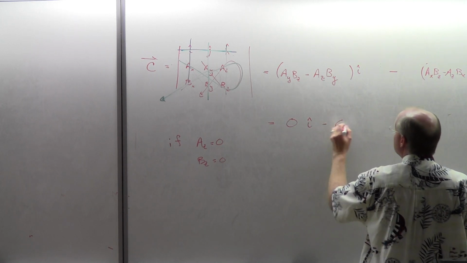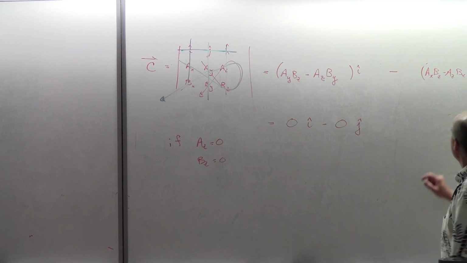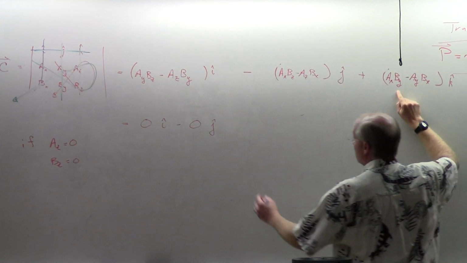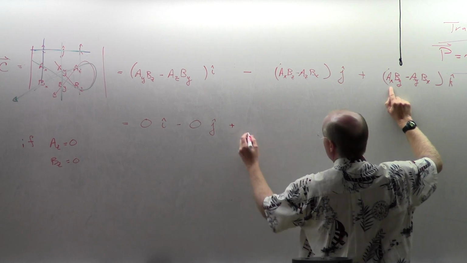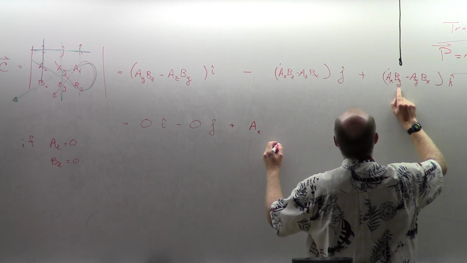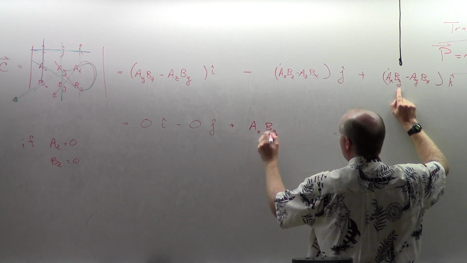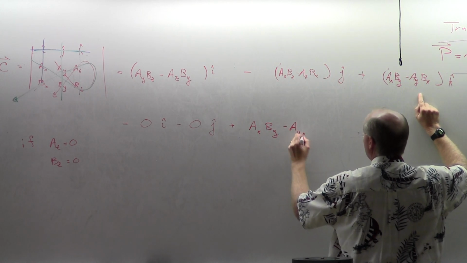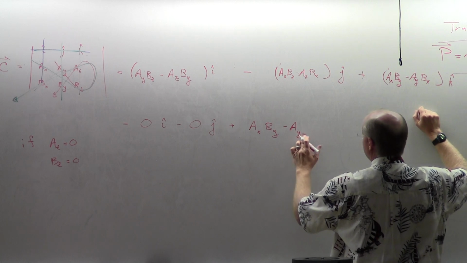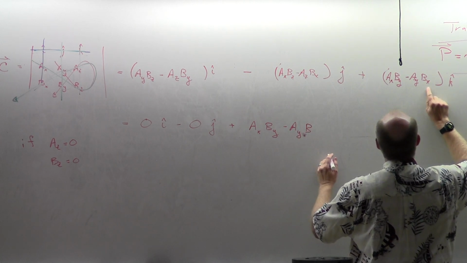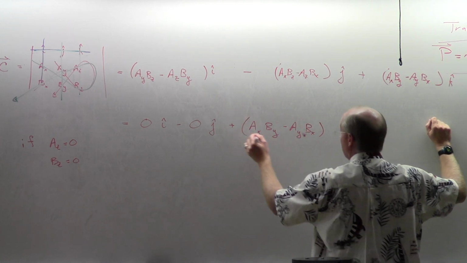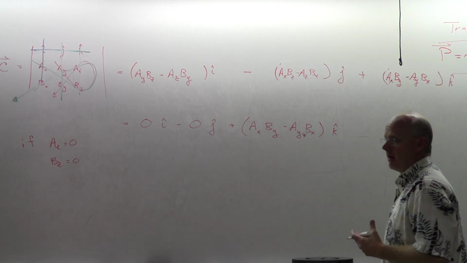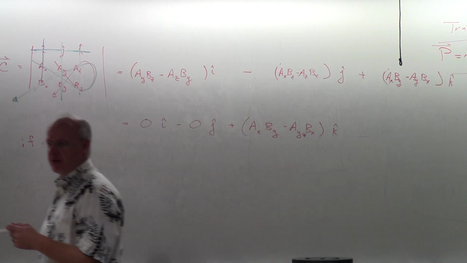0 i hat. Same thing can be said here about the j hat. A 0 here and a 0 here, that one goes away. The only thing that doesn't go away is the rotation, and so our rotation will involve the x and y components of the vectors A and B, and that will only give you a rotation around the z-axis.